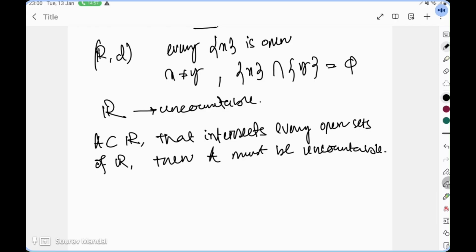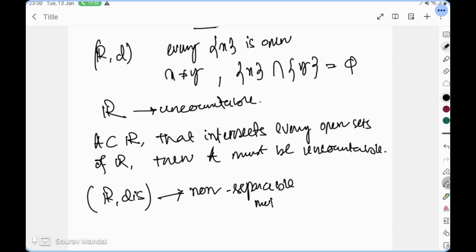If A is dense in R with respect to the discrete metric, in that case A should be uncountable. So is it possible for any countable set to be dense in R with respect to the discrete metric? Obviously the answer is no. So R with the discrete metric is a non-separable metric space.